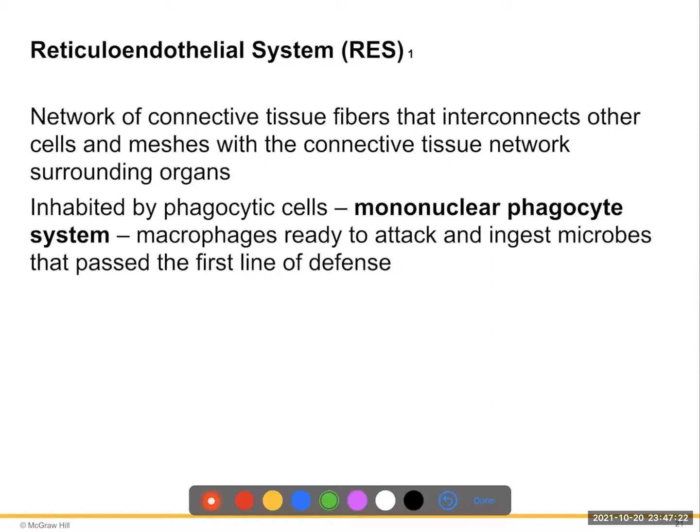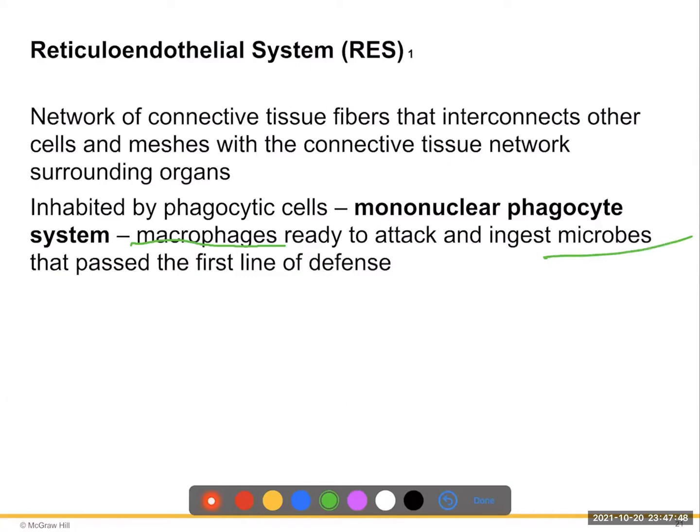It's inhabited by phagocytic cells, the mononuclear phagocyte system. So in this reticuloendothelial system, you have these phagocytes, which go through and monitor and dissolve anything that is recognized as foreign. These are macrophages. They're ready to attack and ingest these microbes once they find them as foreign.